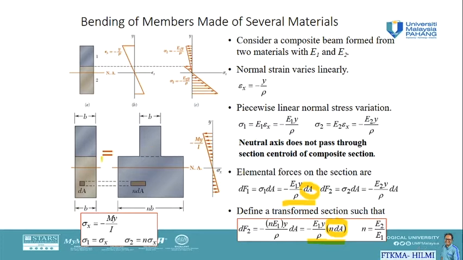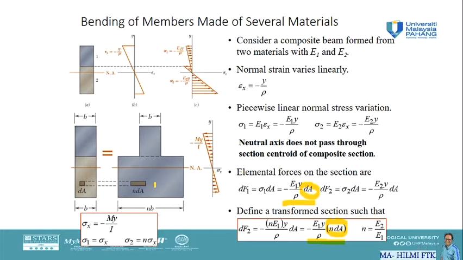So we have the original member section, and we have the transformed section, where basically what we do is we transform the second material into the first material, but we multiply the width of the material by the value of n. Since the transformed section represents the cross section of a member made of homogeneous material with a modulus of elasticity E1, now we can use the method that we have learned in the previous part.